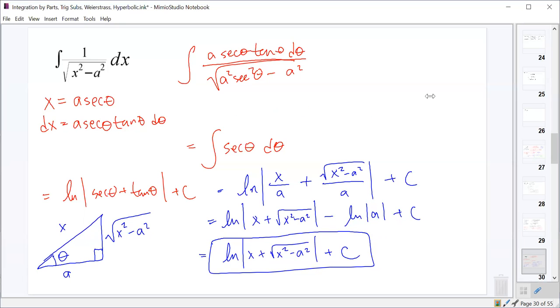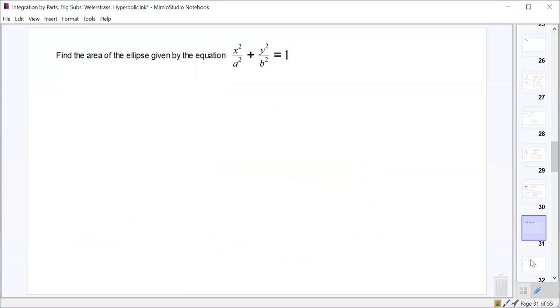All right. Let's see if we can do something fun with this. So let's see if we can find the area of an ellipse that we get from the equation x squared over a squared plus y squared over b squared equals 1. Basically, we're going to see if we can derive the formula for the area of any ellipse.